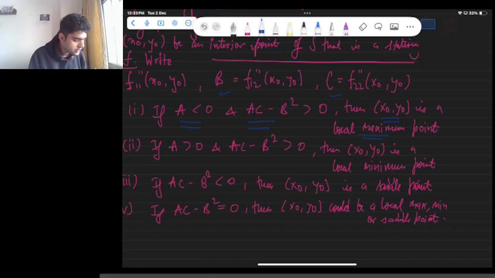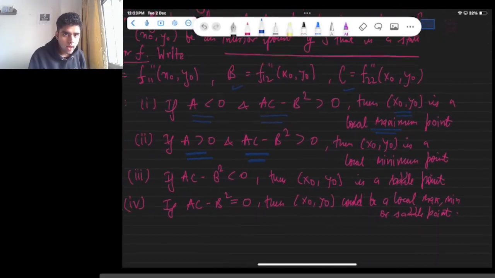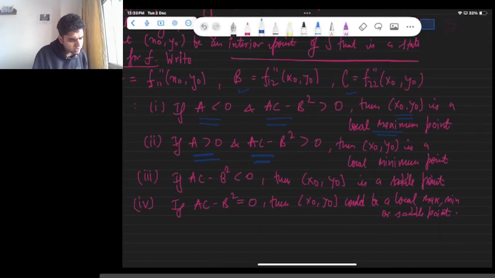Then the second condition says that if a is greater than 0 and ac minus b square is greater than 0, both are greater than 0, then x naught comma y naught is a local minimum point. And the third condition says that if ac minus b square is less than 0, then x naught comma y naught is a saddle point.